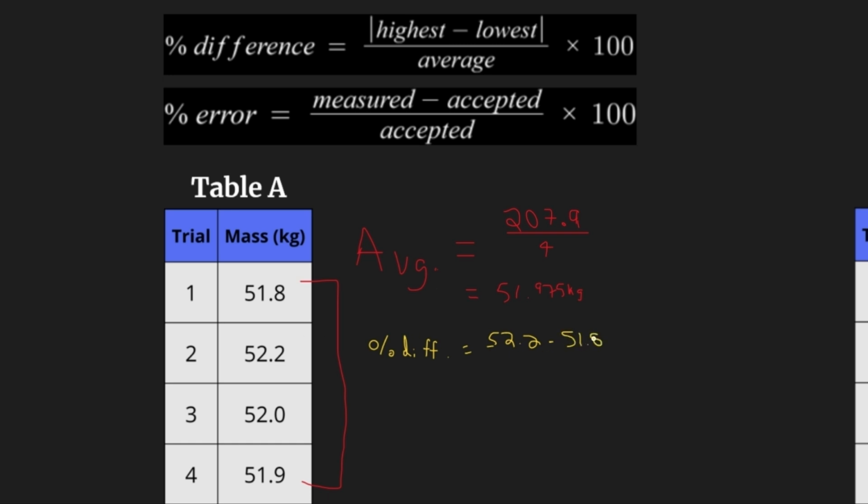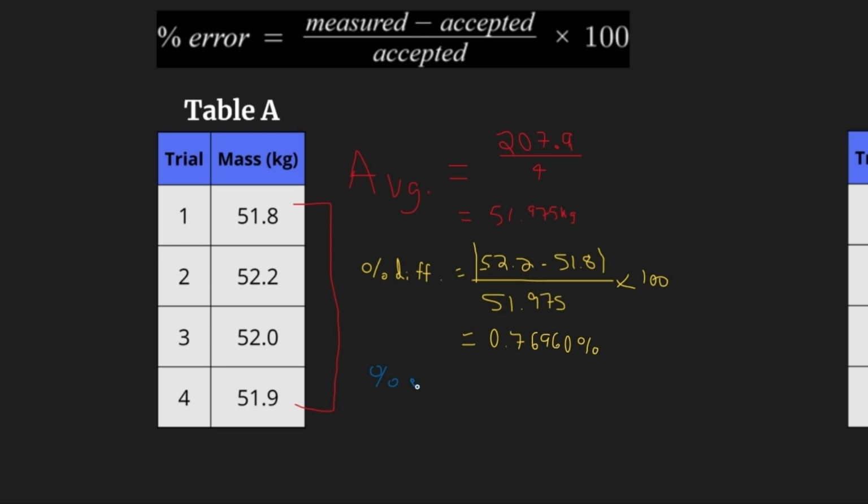Then we will take the absolute value of this difference divided by the average, which is 51.975 kilograms, multiplied by 100. And so if you go ahead and do this in your calculator, you get a result of 0.76960%.